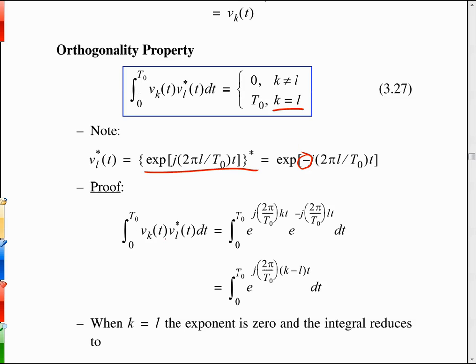So now we're going to jump in and plug these two functions into the integrand and integrate. Because this second term has the minus sign, and we have a k in here and an l in here, we're left with e to the j 2 pi over T naught times the quantity k minus l.